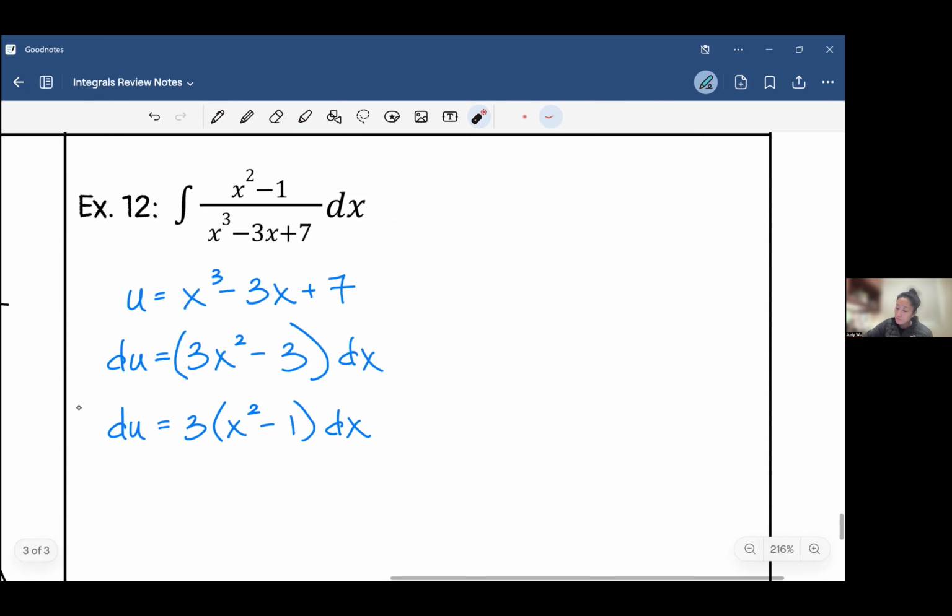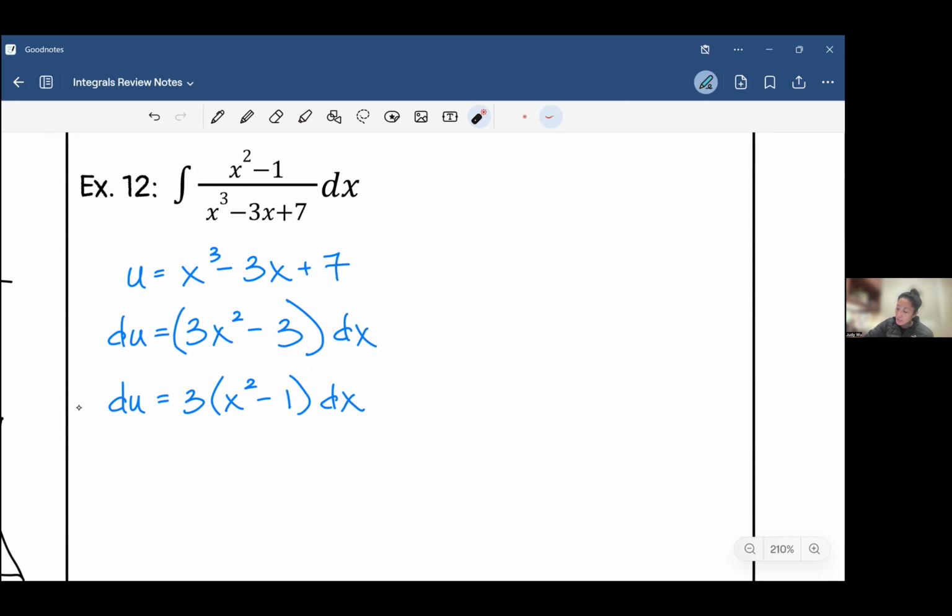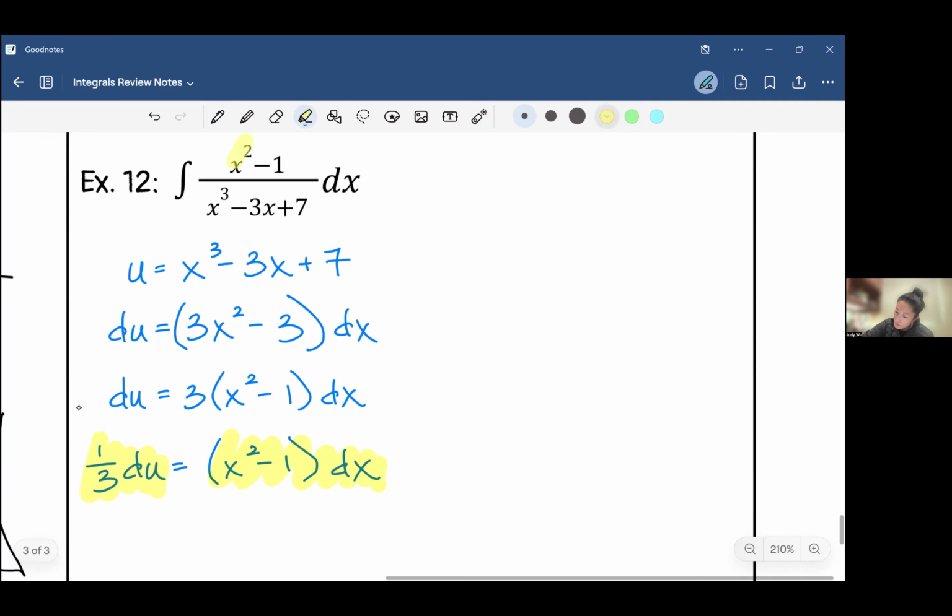Last thing I'm going to do here, I'm going to take this 3 and divide it to the other side. 1/3 du equals x squared minus 1 dx. And x squared minus 1 dx can be replaced with 1/3 du.